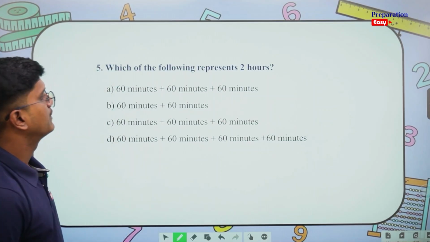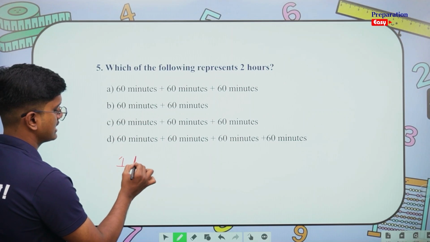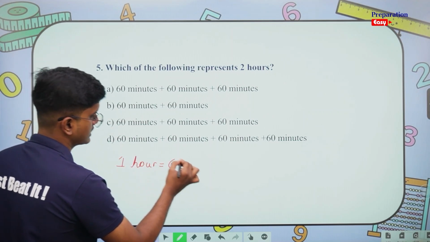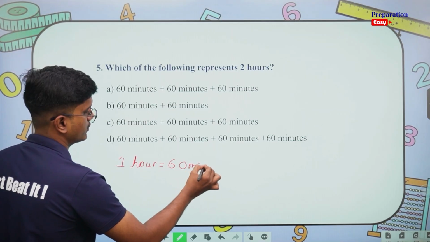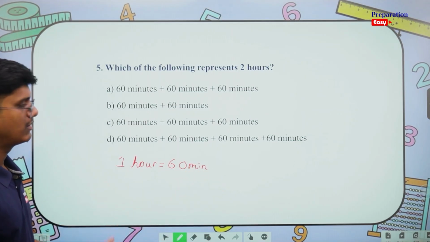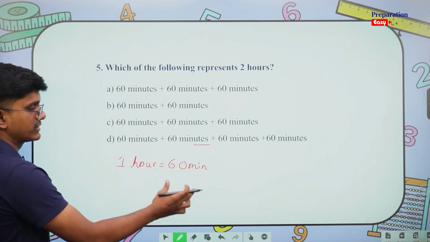Which of the following represents 2 hours? We have learned that 1 hour is 60 minutes. Minutes, we write it as min or minutes. So 1 hour equals 60 minutes.